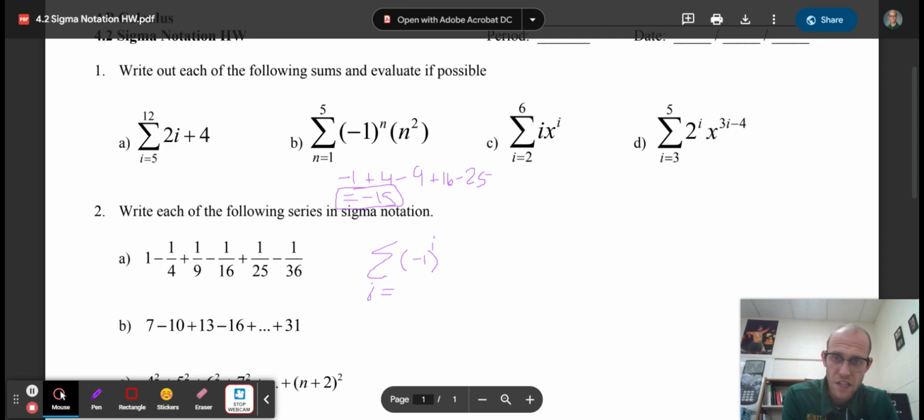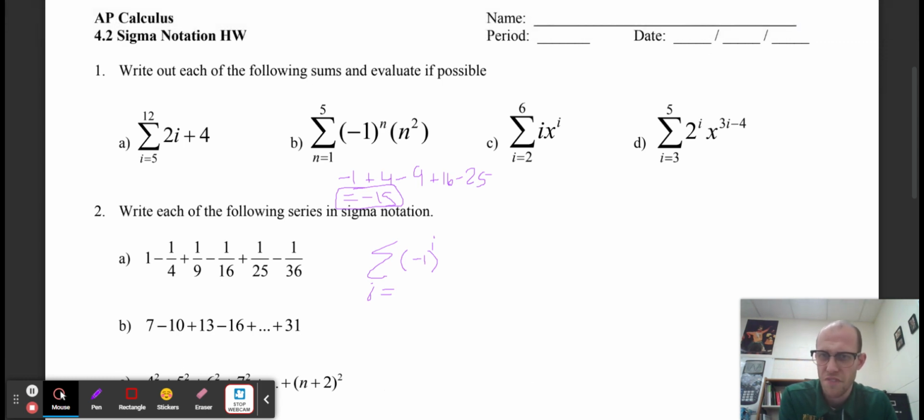So there's a couple things that could happen. I could be starting my index at 2, although I'm looking at these and seeing that there's squares. So I probably want to start my index at 1 if I want a 1 in the denominator. So that means, how do I get this to be positive right away instead of negative right away? Well, I could do this value -1 or this value +1. Both result in the same thing.